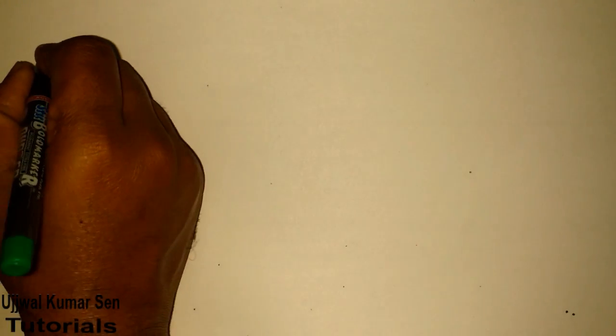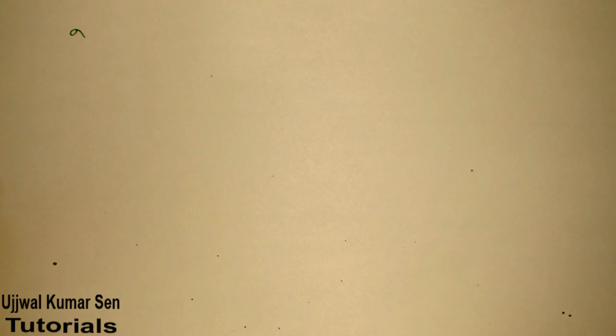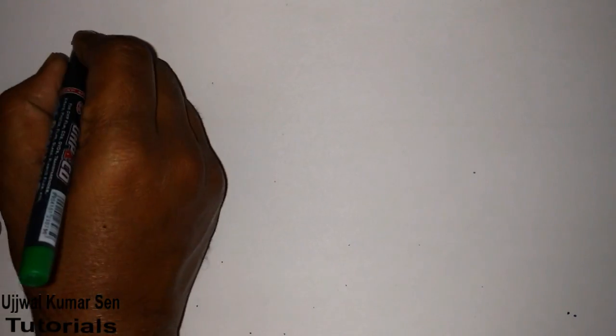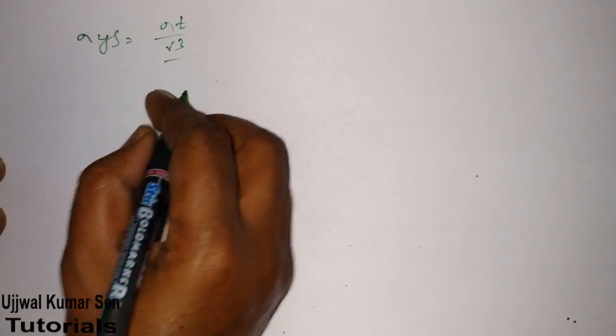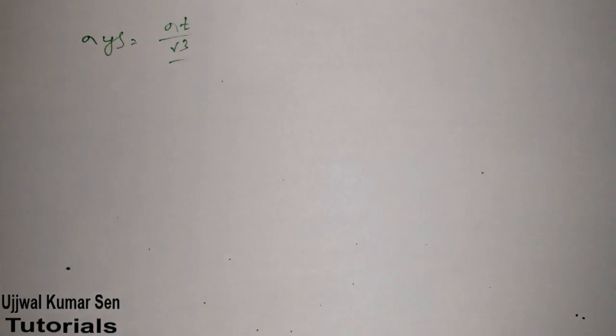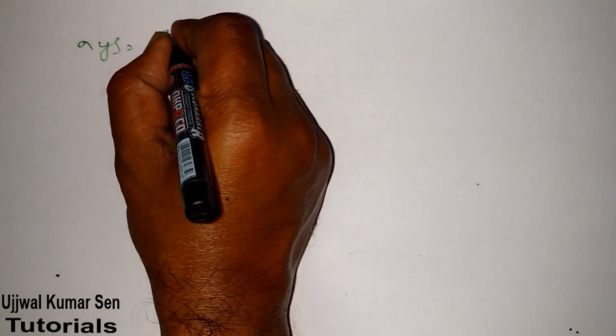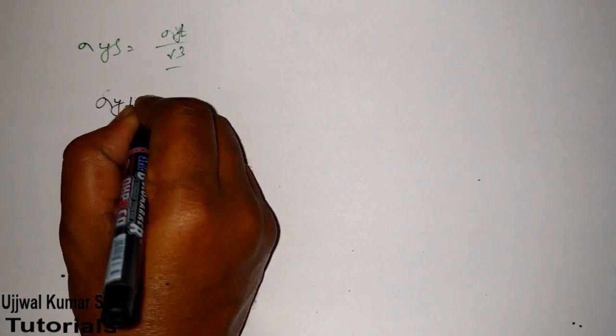That formula is most important. According to that formula, sigma ys is equal to sigma yt by root 3. For implementing this formula, we need to know what sigma yt is. The yield value we have to find out.